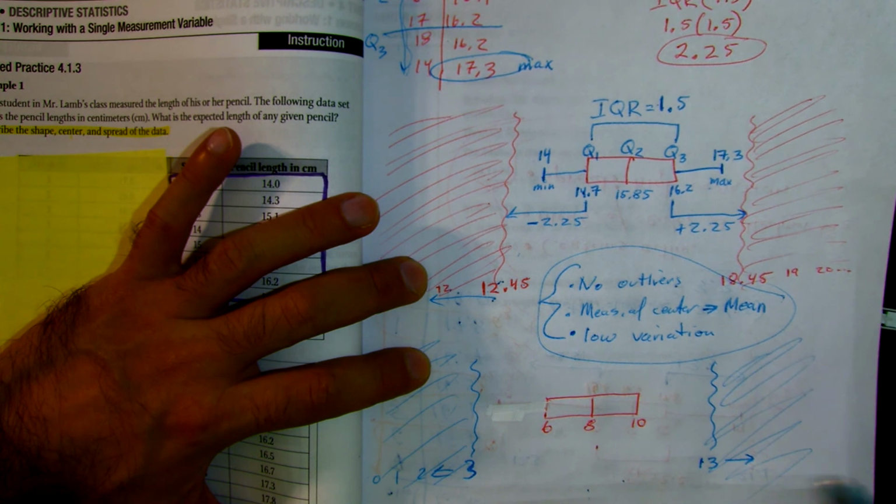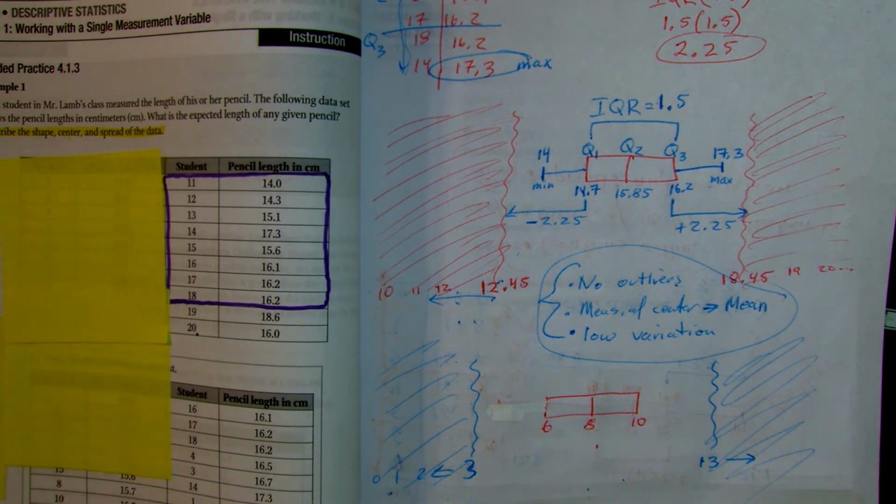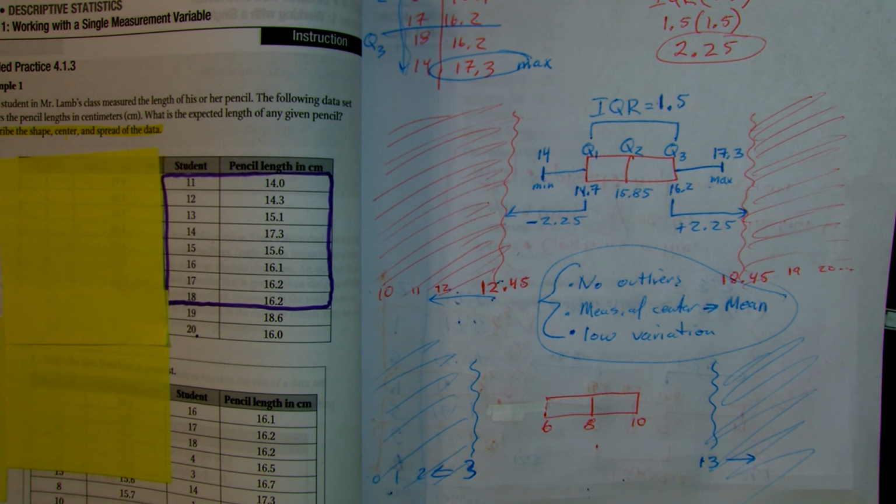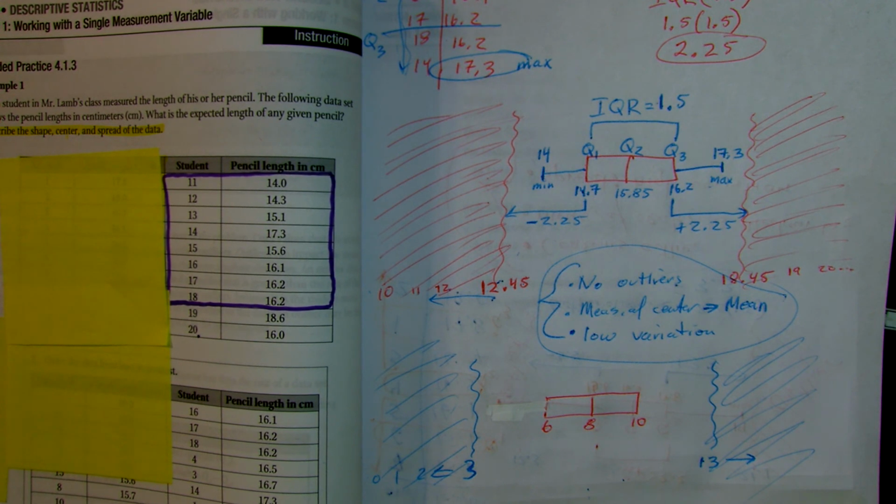Okay, good. Is 20 an outlier? Good. All right, you guys are great. Is 3 an outlier? That's a trickier one. It's on the fence. That one's a little confusing. 3 is an outlier. It's 3 and below.